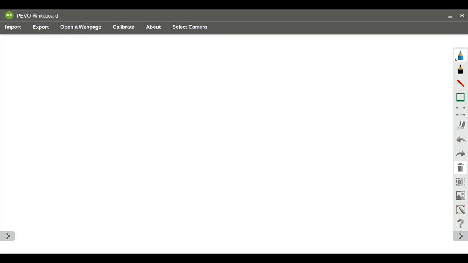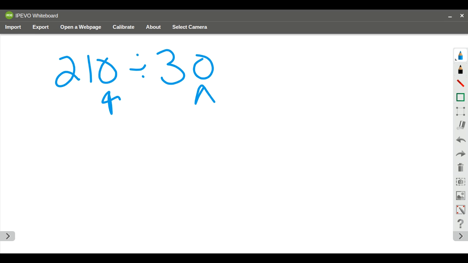So it says, why is 210 divided by 30 the same as 21 tens divided by 3 tens? Okay, so when I think of 210 and I'm dividing that by 30, if I take the zeros off, right, these are place values for the ones place value.